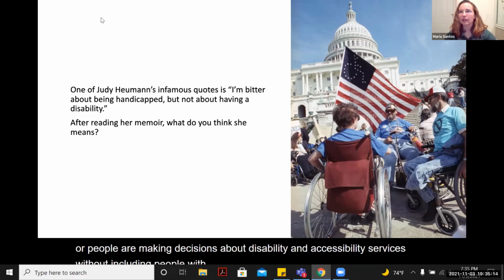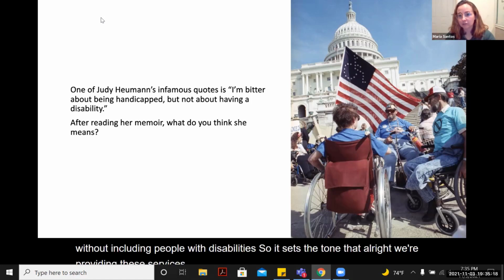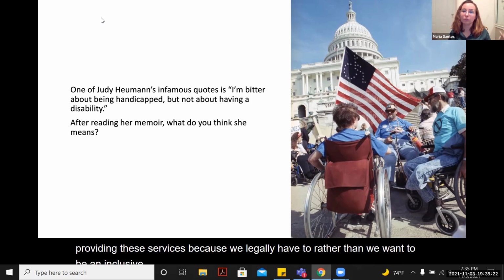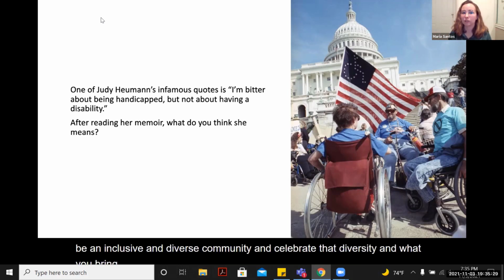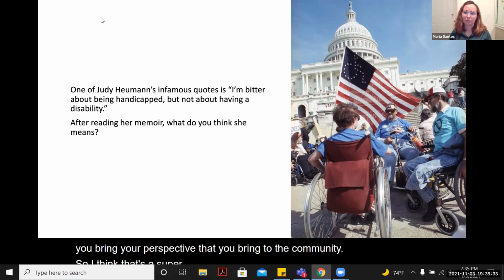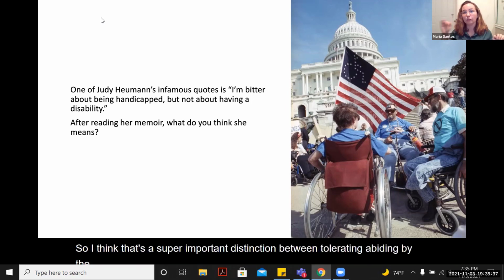So it sets the tone that, all right, we're providing these services because we legally have to, rather than we want to be an inclusive and diverse community and celebrate that diversity and the perspective you bring to the community. So I think that's a super important distinction between tolerating, abiding by the law, and being inclusive and celebrating diversity.